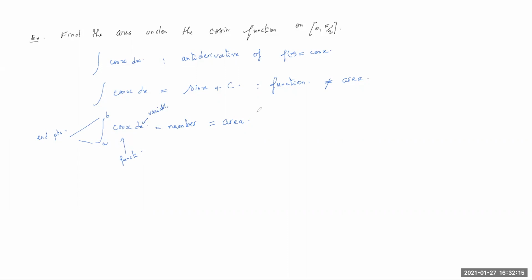So it's the area under y equals f(x), between, or over, the interval a, b. That's why this notation is important.